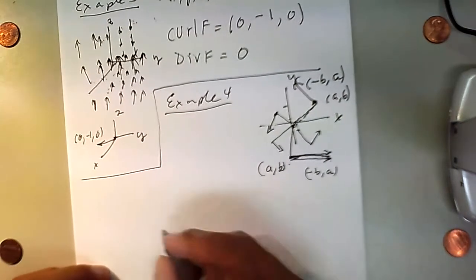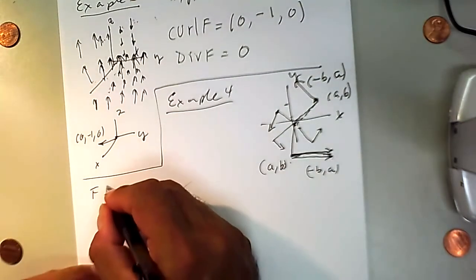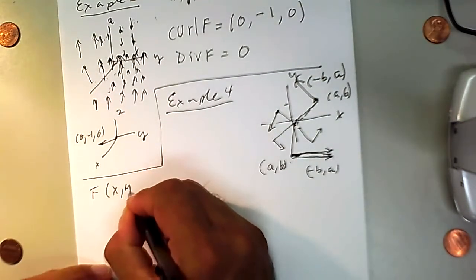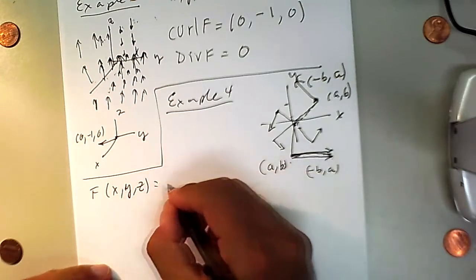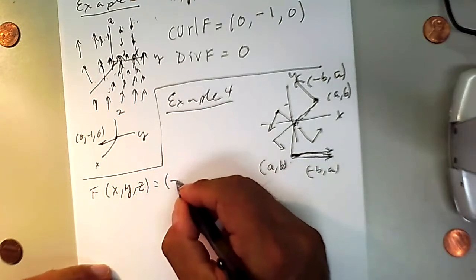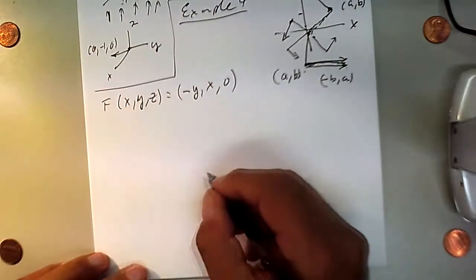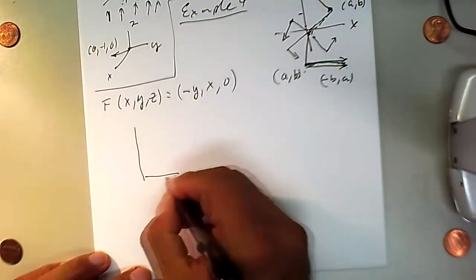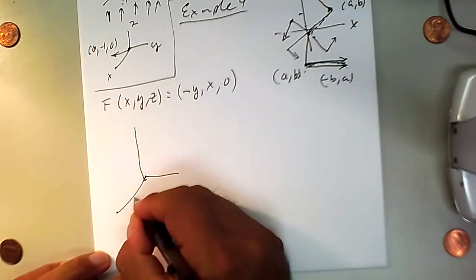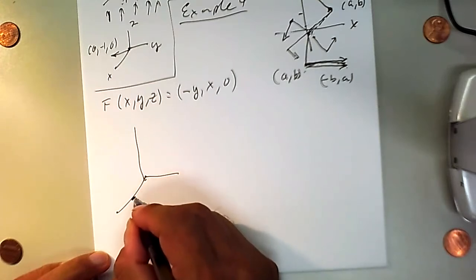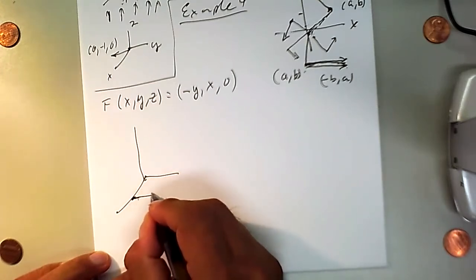Okay. So the question is, rather, there's no question yet. Let's build a vector field x, y, z with that principle. Opposite of y, x, 0. So what does that do? If you're here, you're going to get a vector that is perpendicular.